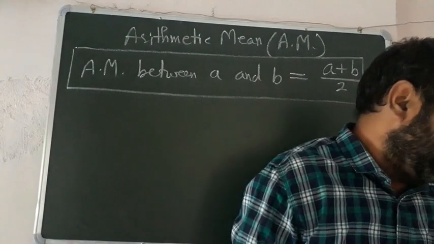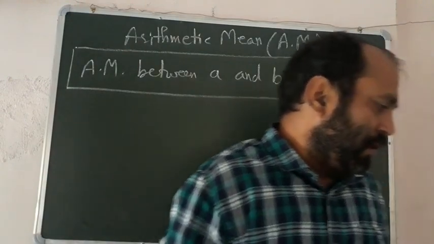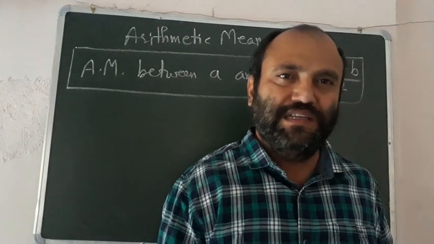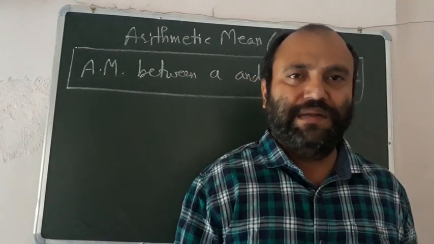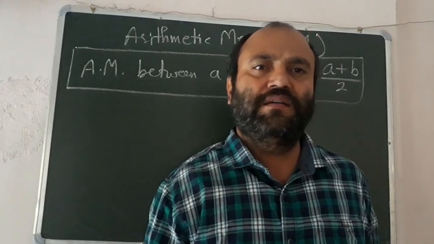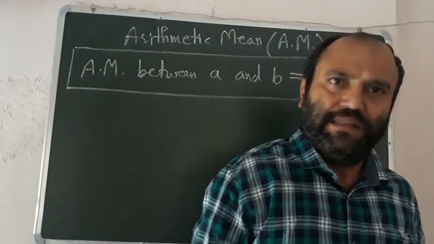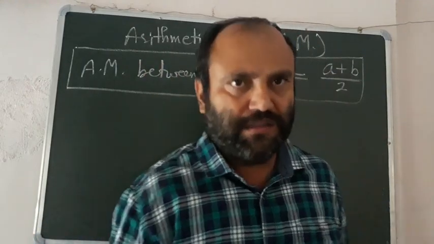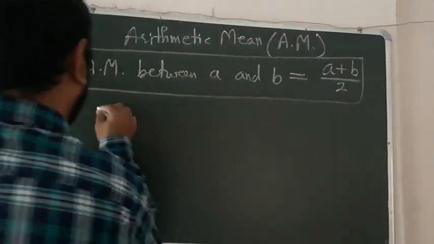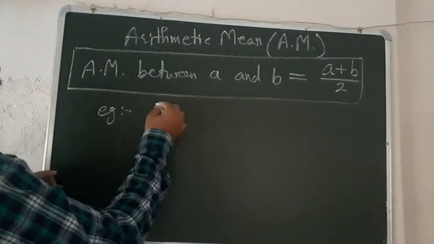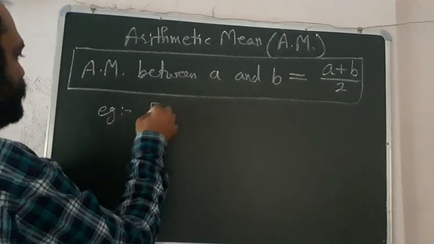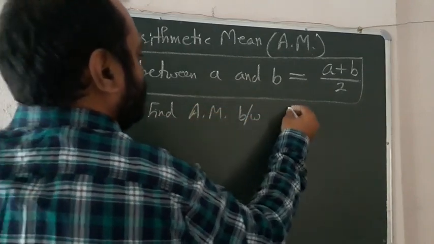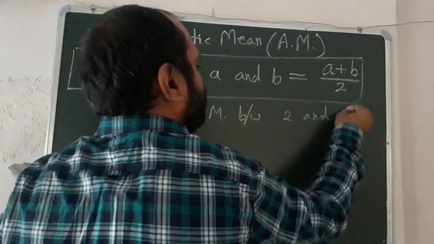Now see, what is an arithmetic mean? Let a and b be two numbers. If you insert a number between a and b so that the resulting sequence is an AP, that inserted number is called the arithmetic mean. For example, find the arithmetic mean between 2 and 8.